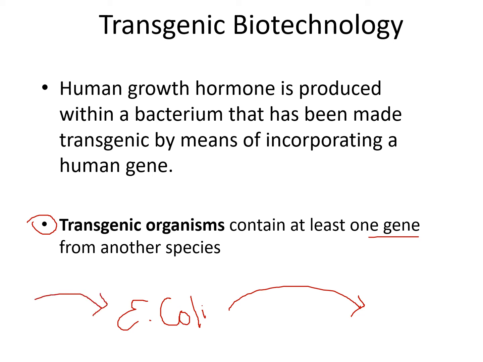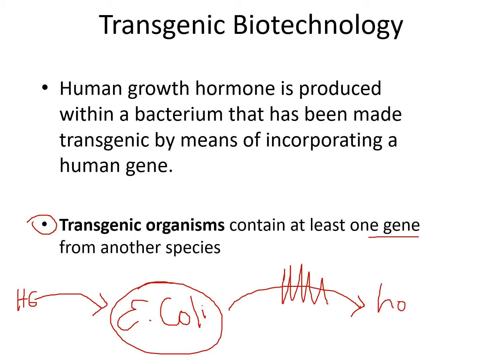So human growth hormone, for example, is produced within a bacterium, and that's been made transgenic by importing a human gene. So you could put a human gene into E. coli, grow lots and lots of E. coli in a vat, filter it out. This is my filtering process, and you end up with your hormone.